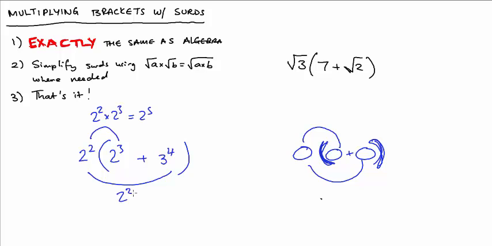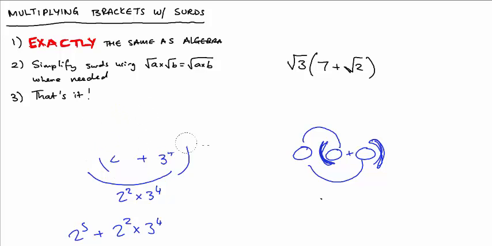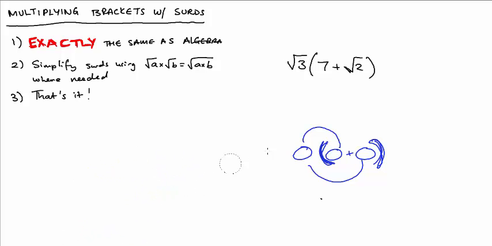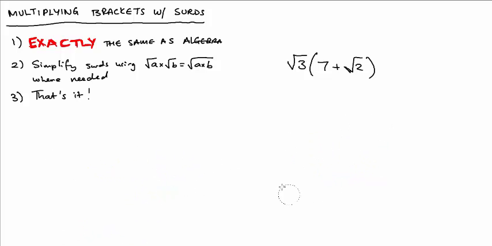This one's just 2 squared times 3 to the 4, and we've never seen a rule for how to simplify that. So if you had to multiply that out, this is probably the best you can do. These are just numbers, so you can do it. But that's it, all this is, is a bunch of brackets.